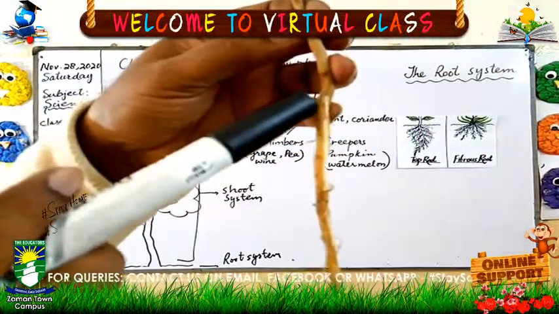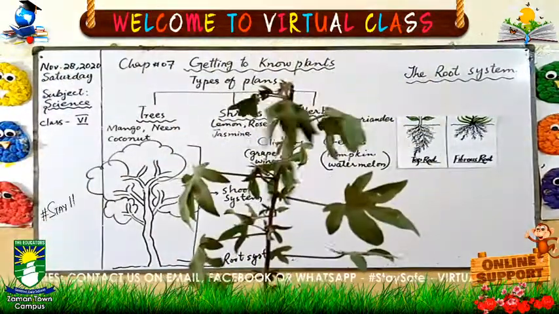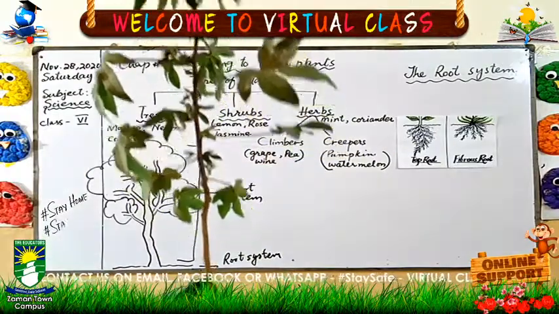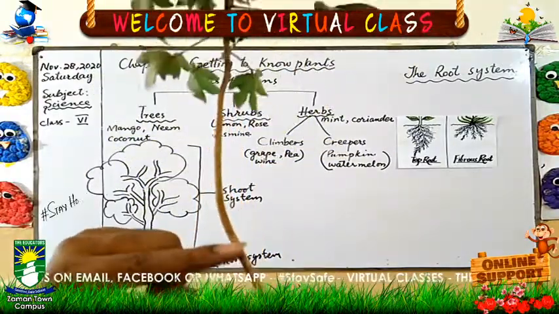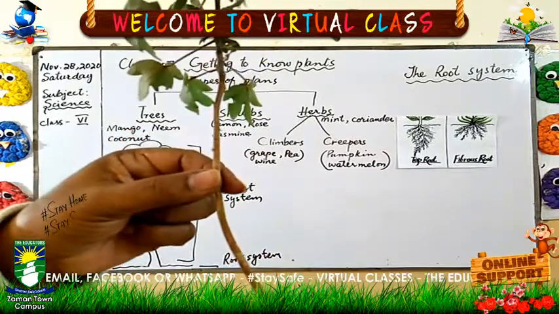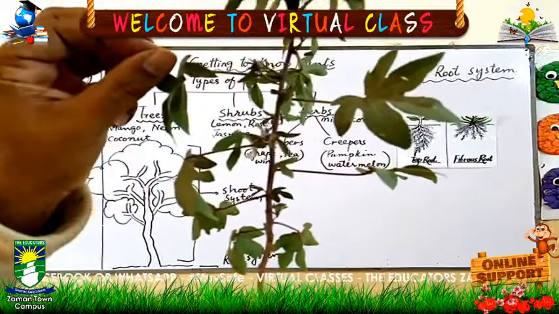This is the main root, and this is the aerial part of the plant. Up till here is the stem or trunk. These are the branches and leaves.